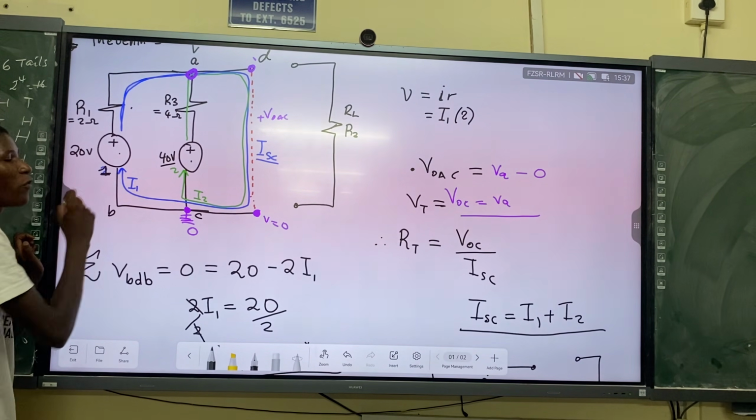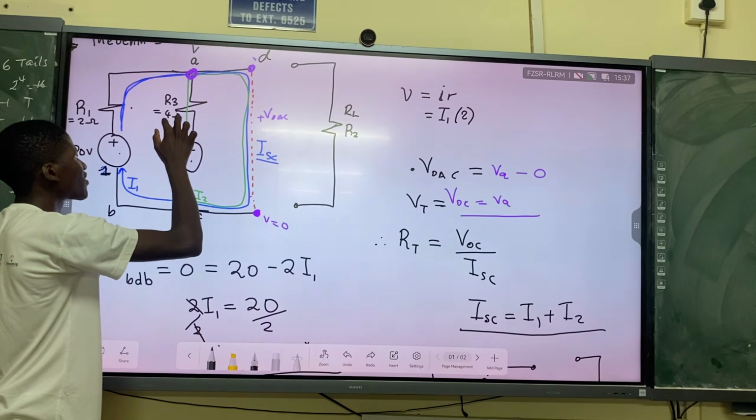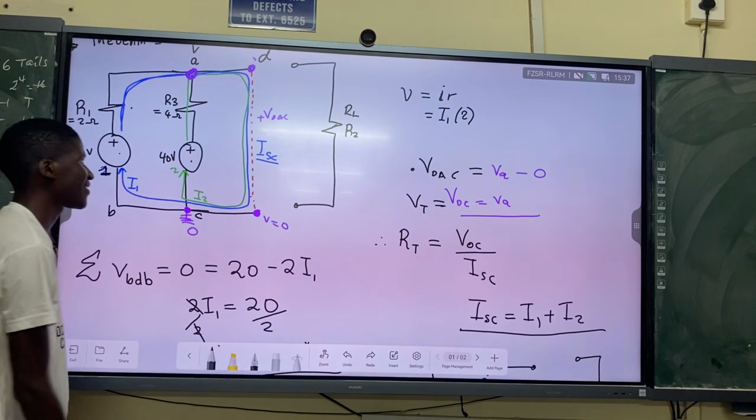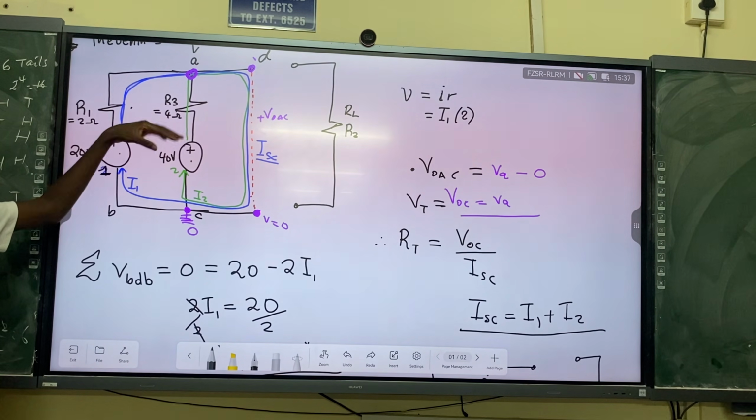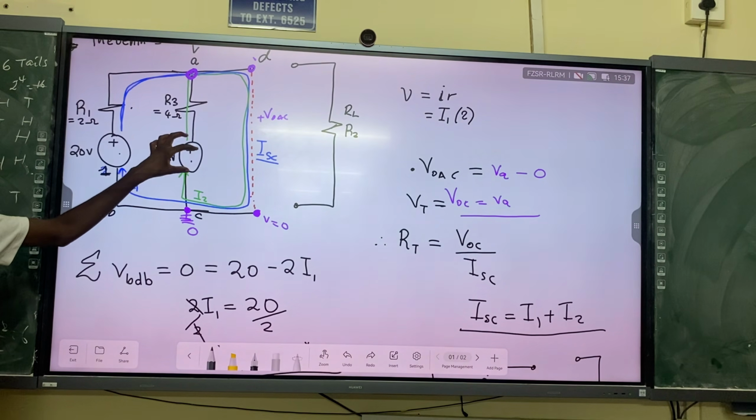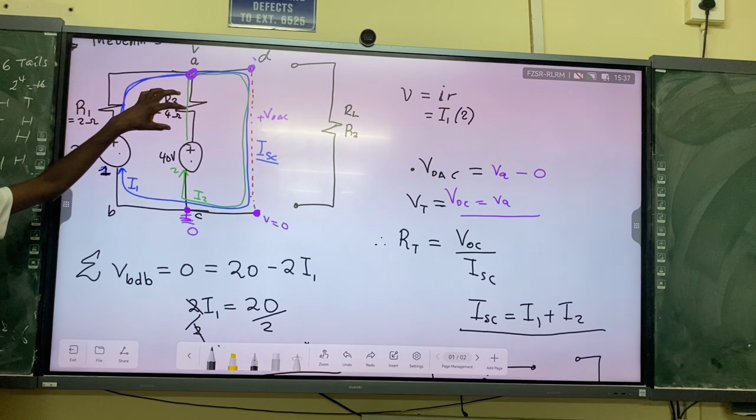Here we've got 40 volts, and then we have the 4 ohm resistor. All of these have a voltage within them. This one is releasing a voltage, so there's a voltage gain here, and here there's a voltage drop.